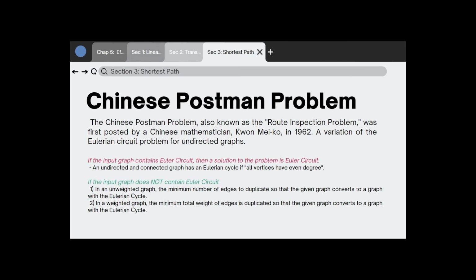If the input graph does not contain an Euler circuit, in an unweighted graph, the minimum number of edges to duplicate so that the given graph converts to a graph with the Eulerian cycle.